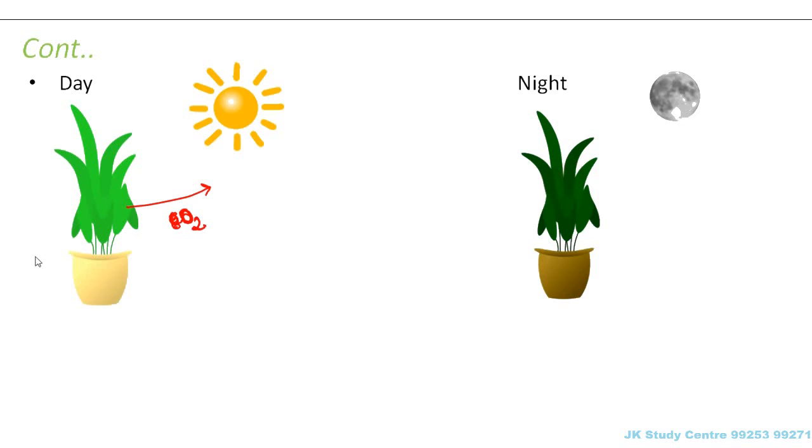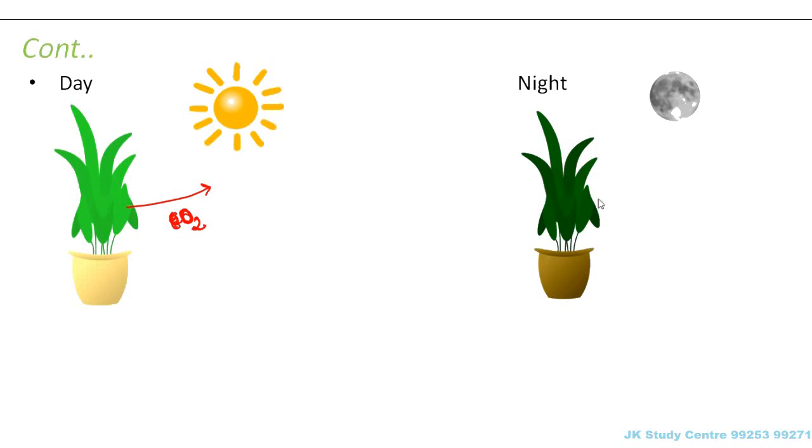Because during the daytime photosynthesis and respiration both will occur. Since the rate of photosynthesis will be higher, more and more oxygen will be produced. So whatever amount of oxygen is utilized by respiration, the remaining amount will be thrown out to the atmosphere.